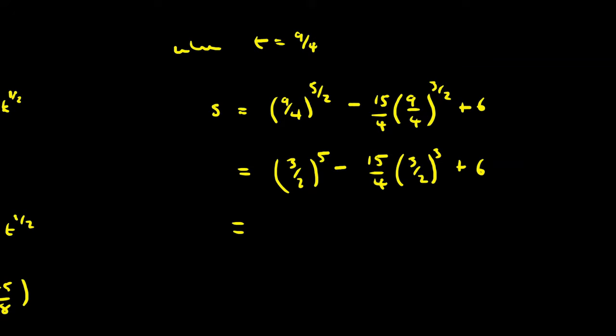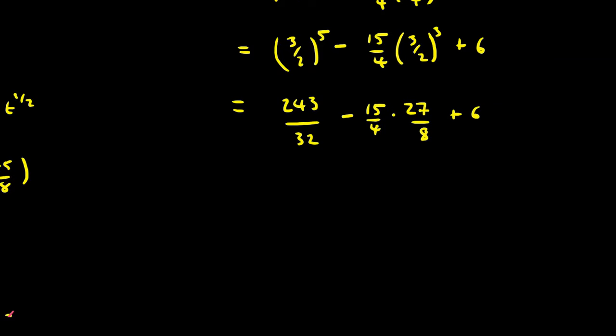So 3 to the power of 5, I'll just do on my calculator, is 243 over 2 to the power of 5. 2 to the power of 5 is 32, minus 15 upon 4. 3 to the power of 3 is 27, and 2 to the power of 3 is 8, plus 6.